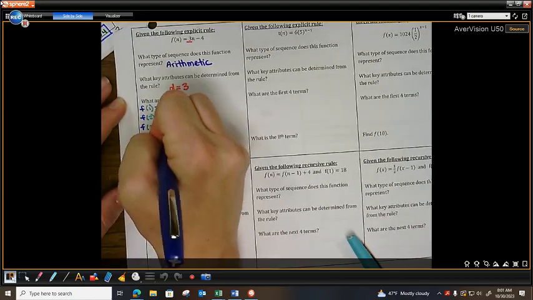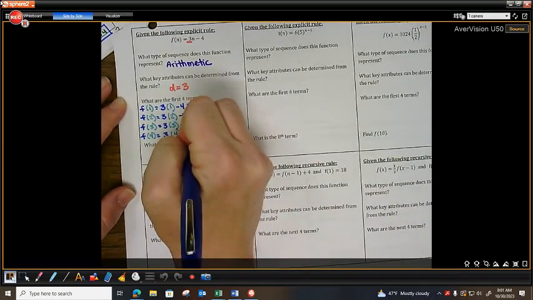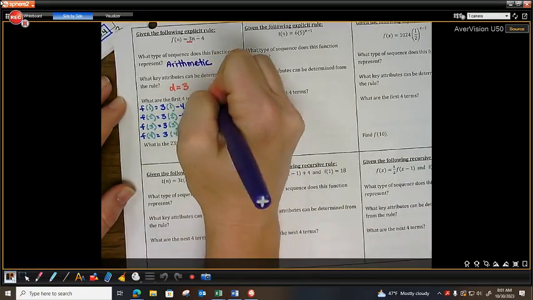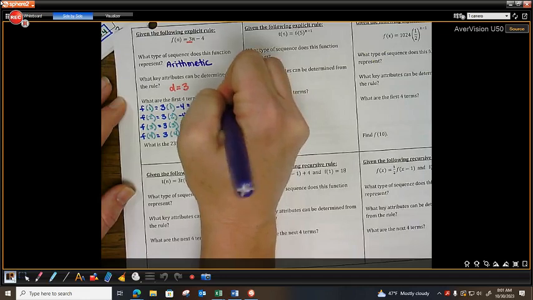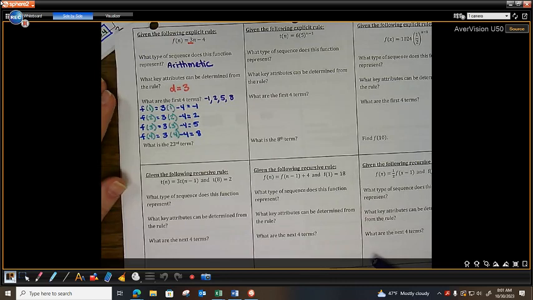Let's see if we're right. Three times 4 is 12, minus 4, 8. So my sequence is -1, 2, 5, 8. Then it says, what is the 23rd term?